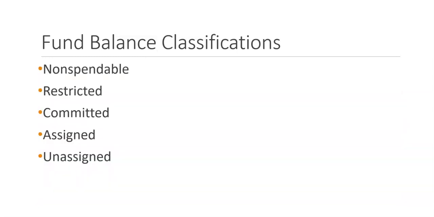Okay, we have fund balance classifications: non-spendable, restricted, committed, assigned, and unassigned. Non-spendable are things that can't be spent. So inventory is a monetary asset, but it can't be spent like cash.